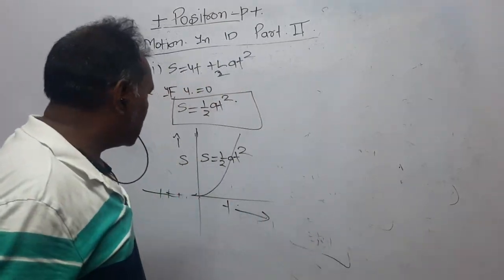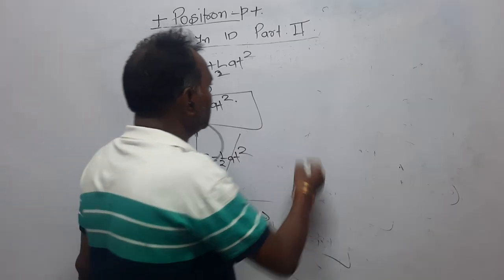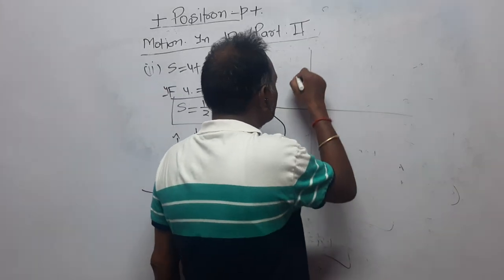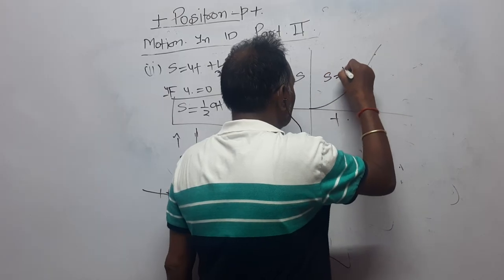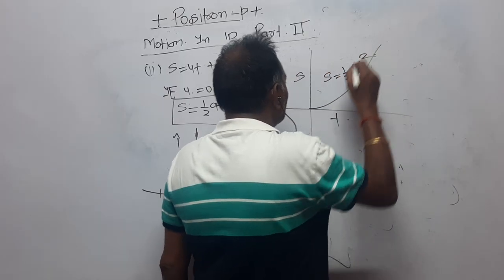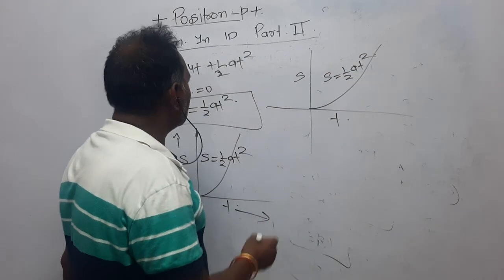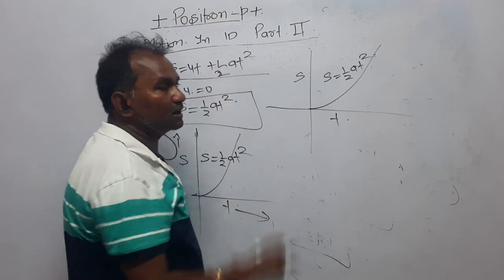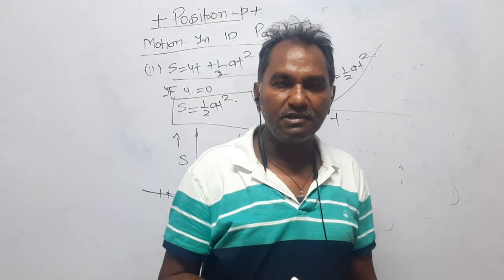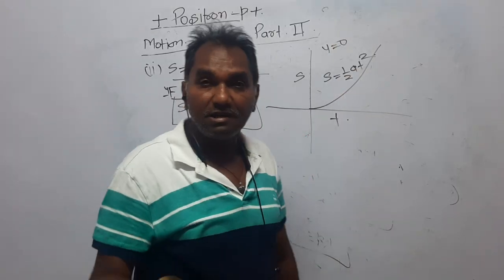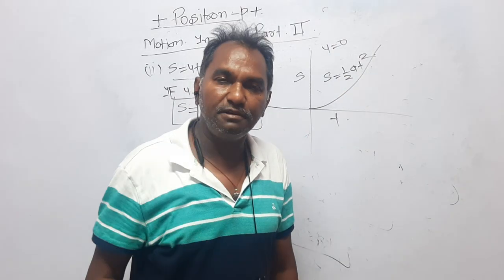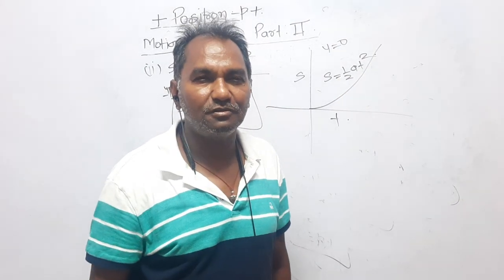Look here. You plotted s equals half a t square. Actual equation is s equals ut plus half a t square. You get half a t square when u equals 0, right? It means in your graph, it should appear that initial velocity is 0.